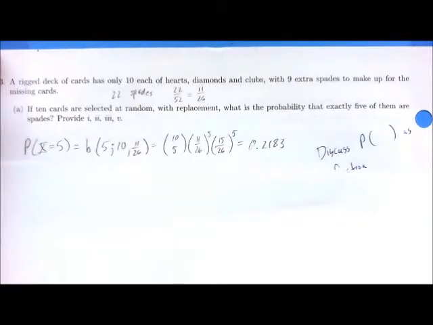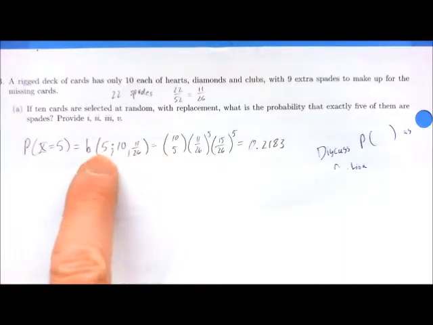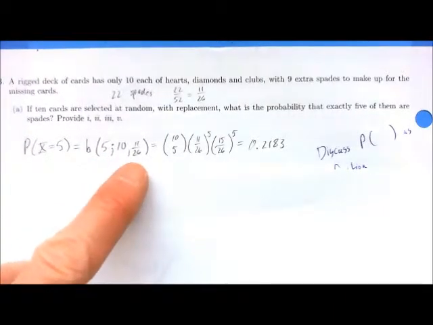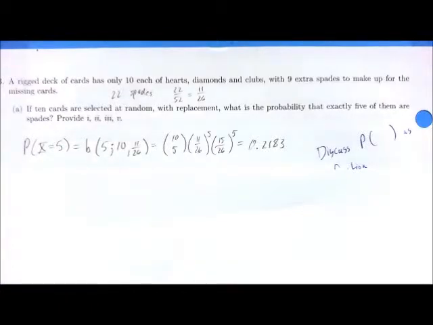So in this case we have a binomial situation, and we want the probability of exactly 5 spades in the 10 cards we draw. So you can see here we have a binomial distribution. We're drawing 10 cards and we're looking for 5 successes or spades. There's our probability of a spade, 11 out of 26. That's 22 out of 52 reduced to 11 out of 26. And you can see over here is the result.